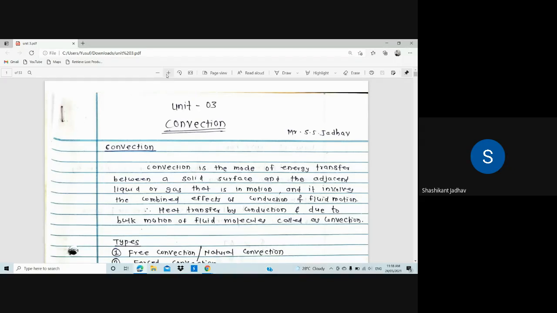Therefore, heat transfer by conduction and due to bulk motion of fluid molecules is called as convection.